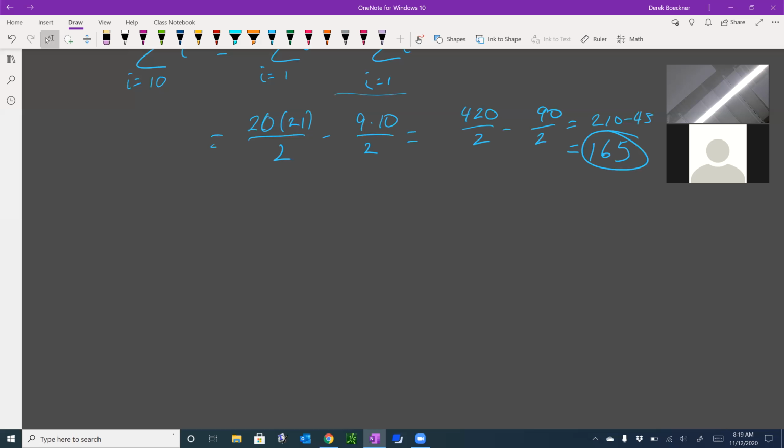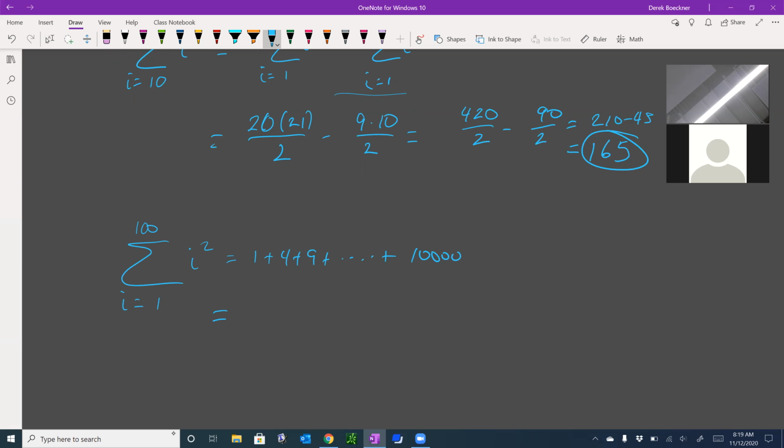How about the sum from i equals 1 to 100 of i squared? So that's 1 plus 4 plus 9 plus ... plus 10,000, right? It will be pretty big.